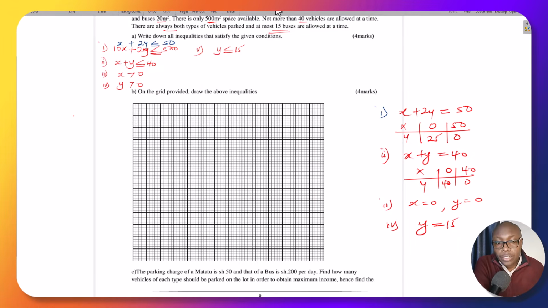So now we can proceed and graph. I can use a scale of 1 centimeter represents 5 for both axes. That will be a suitable scale.